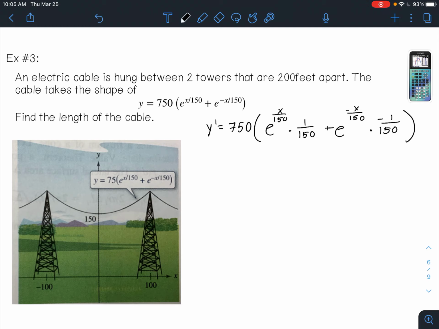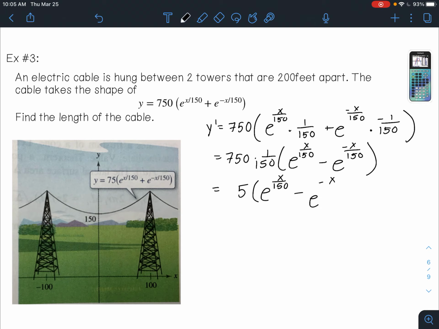It is, so I can write this as 750 times 150. If I bring that out, e to the x over 150 minus e to the negative x over 150. So that's going to then give me 5 times e to the x over 150 minus e to the negative x over 150. So there's my derivative.